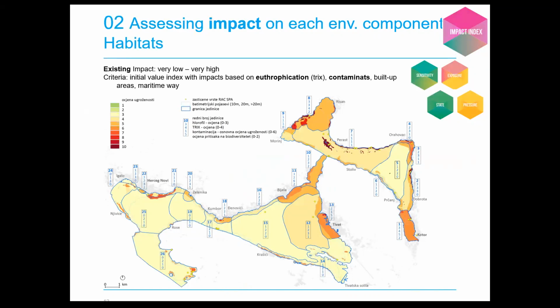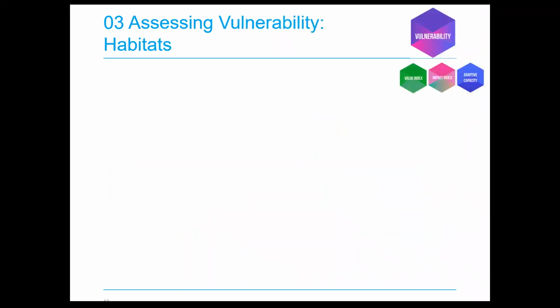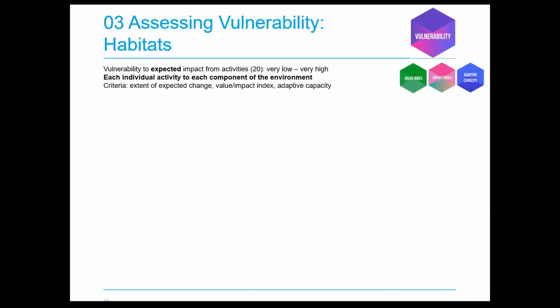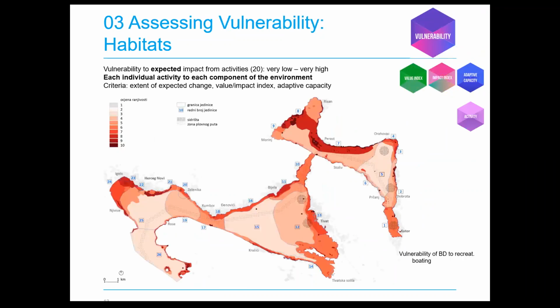We combined them with the values of the environment, and we identified areas having the highest impact on the environment. The darker the area, the higher the impact. These two images show the current situation: the current value, and also the current impacts.